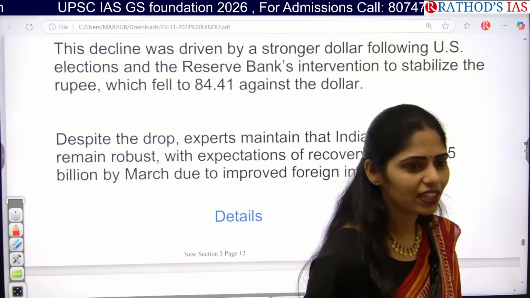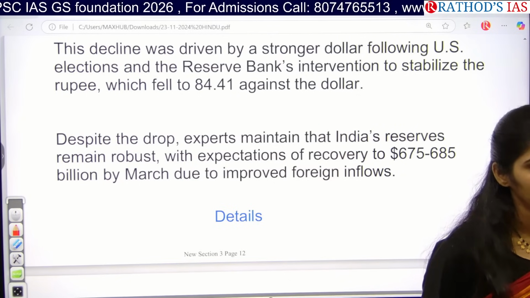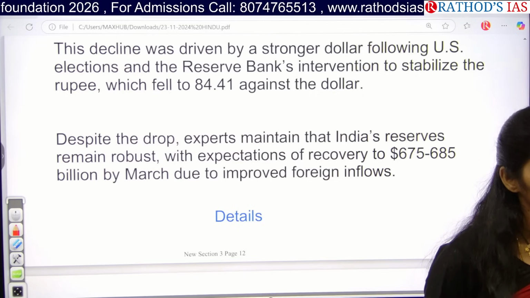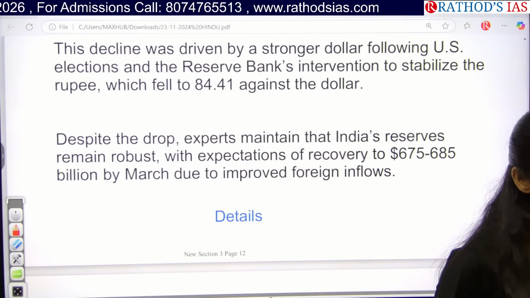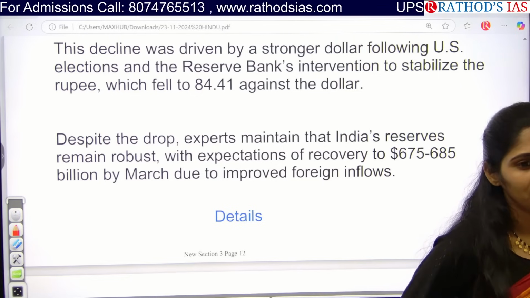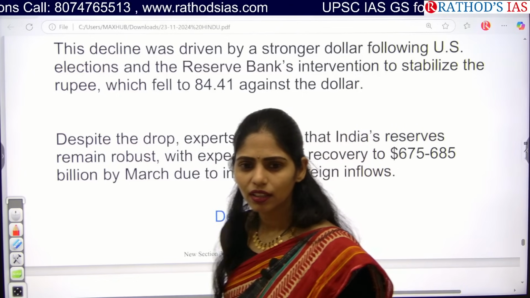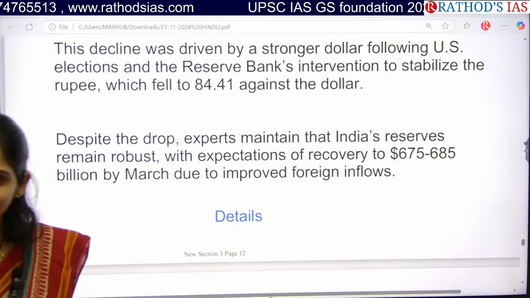How will it have a negative impact on our economy? What about purchasing power parity? Yes, trade will decrease with Indian currency. What about purchasing power of people? Decreases or increases? Increases, decreases.